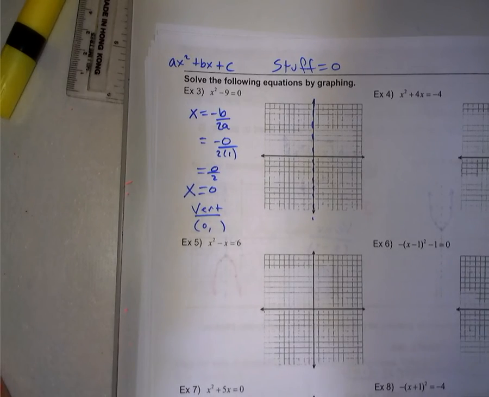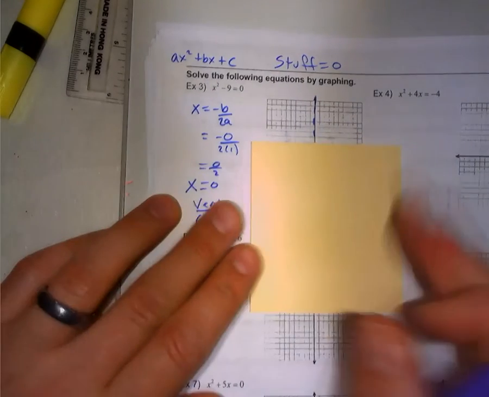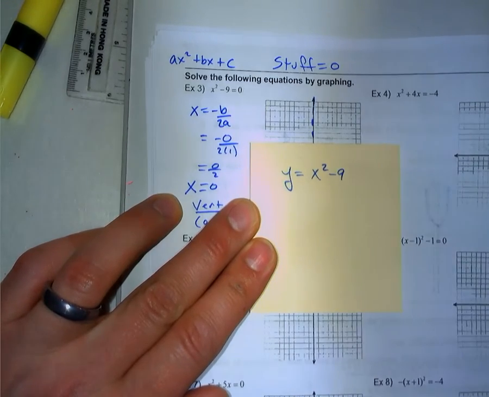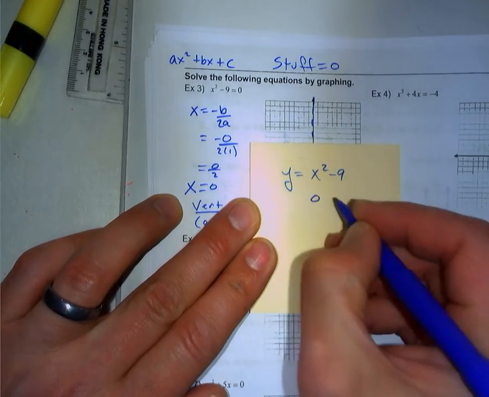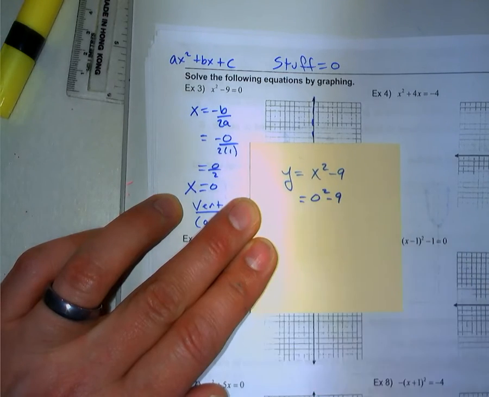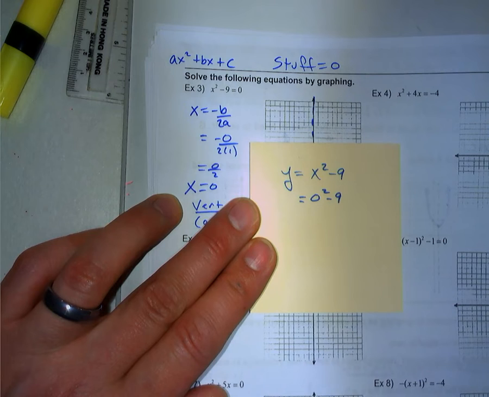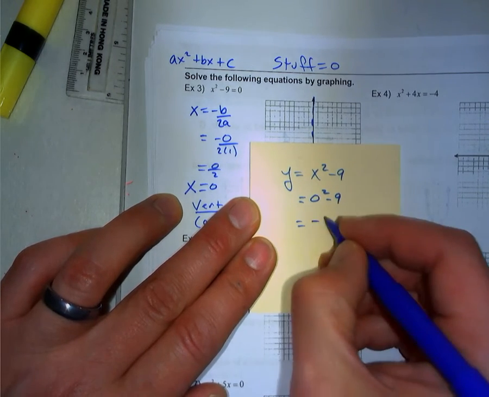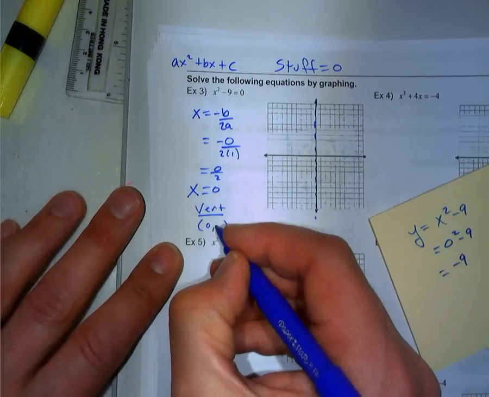If I plug in that 0 for x, so you can see what I'm doing in terms of algebra, what's 0 squared minus 9, y'all? Damien? Just negative 9. There we go. So we get a vertex of negative 9.